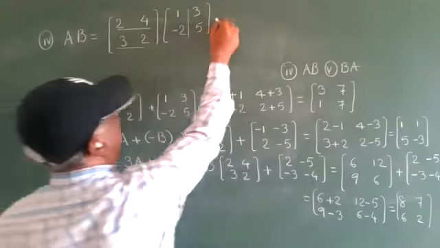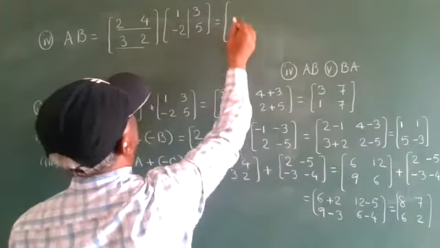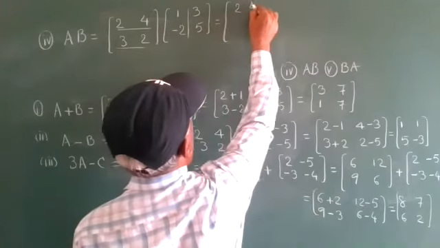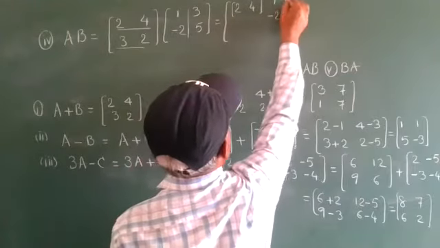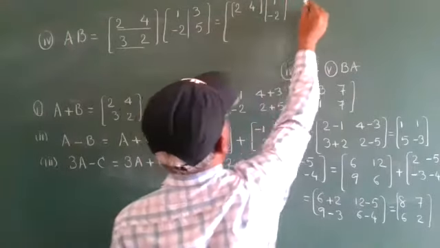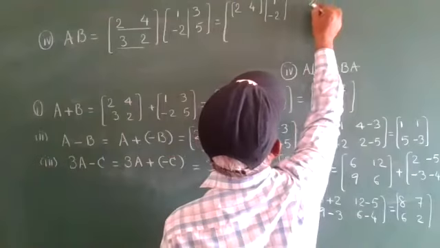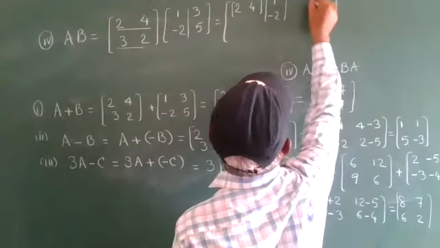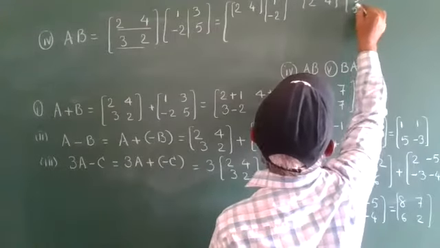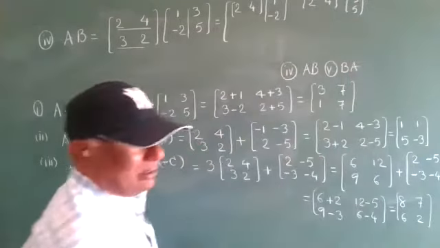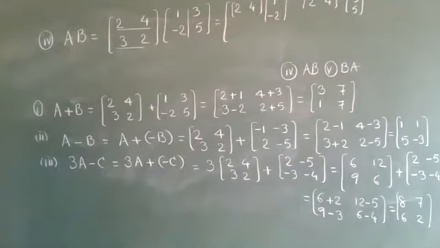First matrix row 2, 4 multiplies with the first column, and again with the second column. 2, 4 multiplied with the second column, that is 3, 5. Everyone do it first.